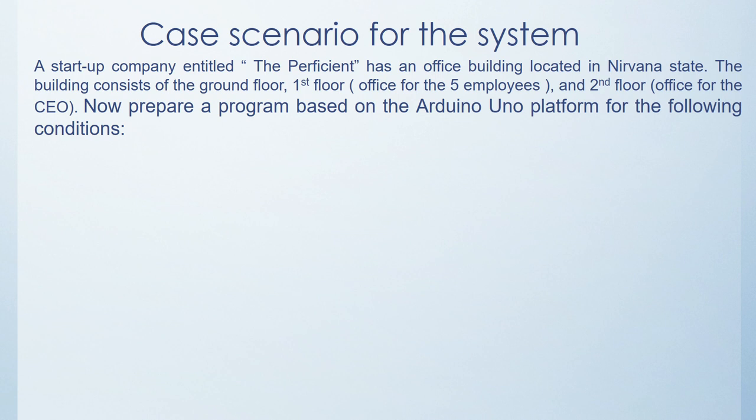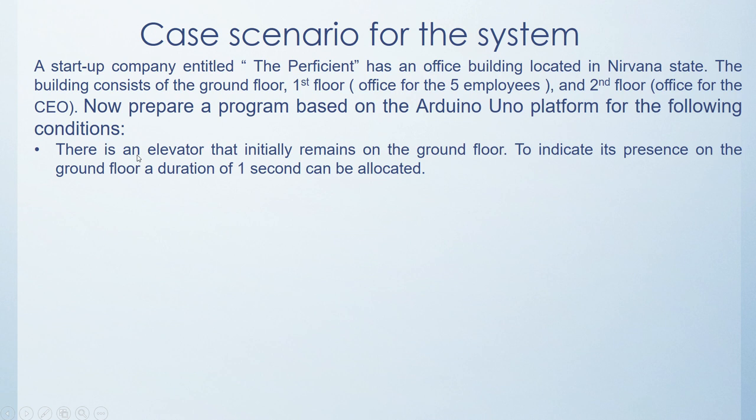Now we can think of the scenarios, what are the cases or the conditions given. According to this system, there is one elevator which initially remains on the ground floor until there is a call from any particular floor or any person visits any floor.